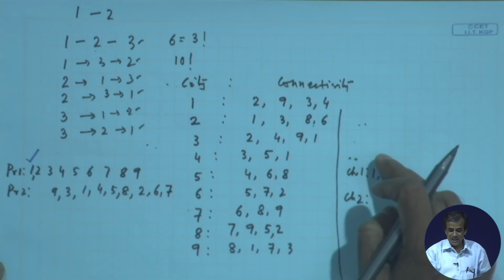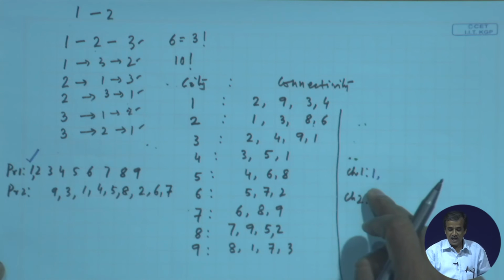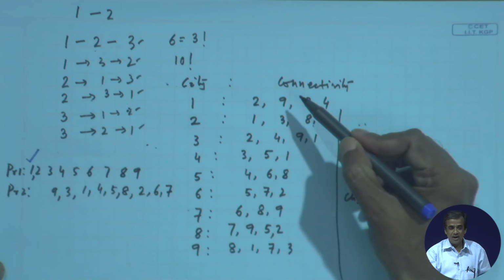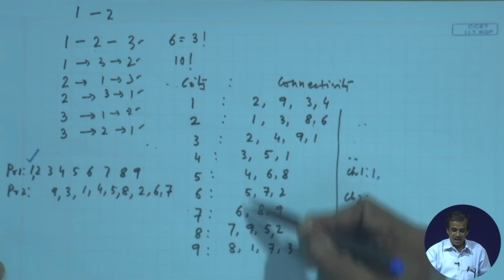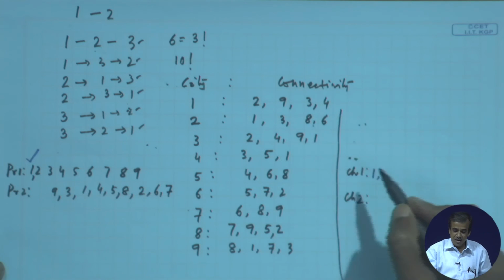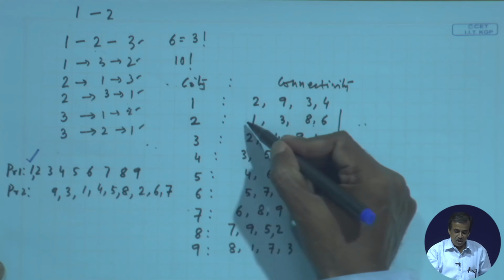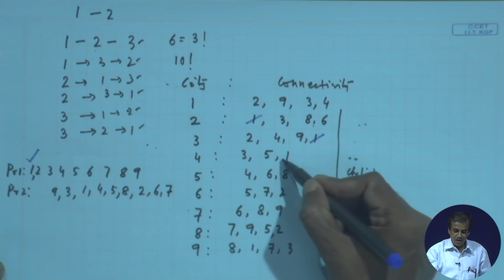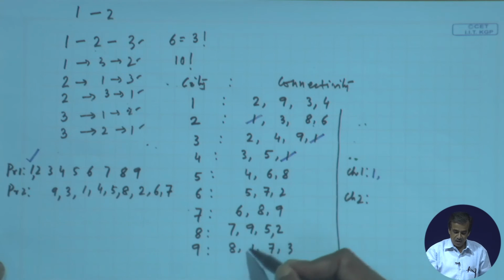That means I have selected 1 as the starting city for child 1, and once I have selected this city 1, all the entries of 1 are to be removed from the right hand side of this connectivity table. Now 1 has been selected, so you remove 1 here, you remove 1 here, you remove 1 here.